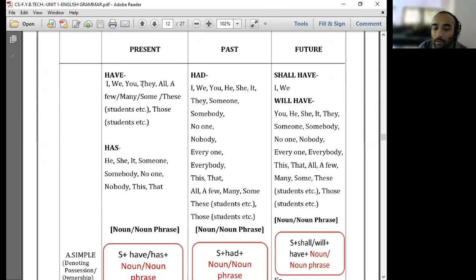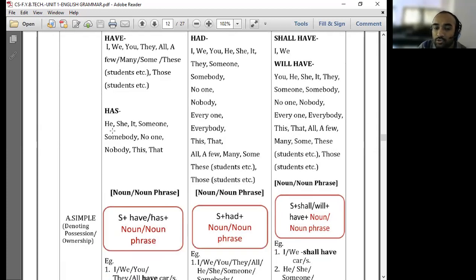We can use have after I, we, you, they, all, a few, many, some, these, and those. And has is used after he, she, it, someone, somebody, no one, nobody, this, and that.